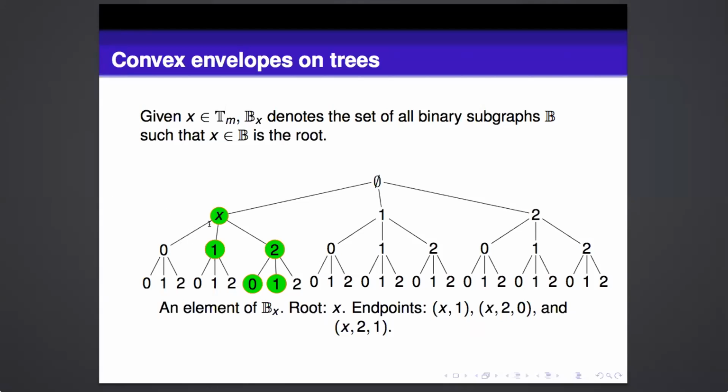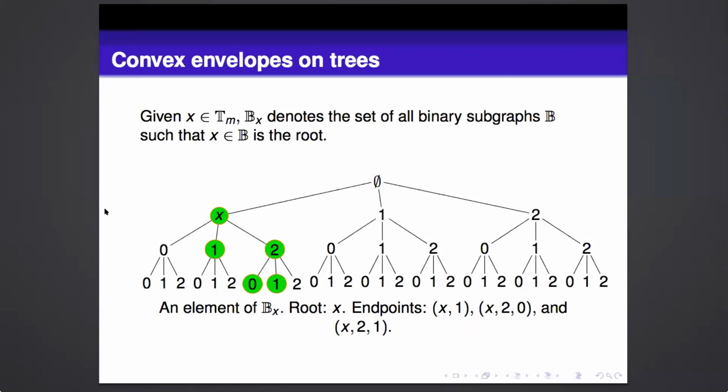So this is the first node that appears there. And you have 3 endpoints. The first endpoint is x, 1. So this is the first endpoint, and those two are the 2 second endpoints.